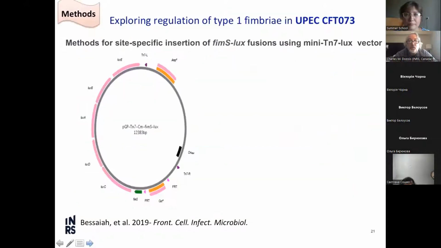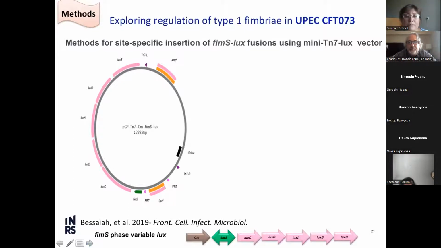And so this first part here is just to talk about an approach we decided to do because of the interest of having this switch mechanism for regulation. We decided to devise a way of making a transposon bank where we could look for changes in the level of expression by putting a Lux tag in front of the switch of this fimbrial system, and then integrating it into the genome of the bacterium.